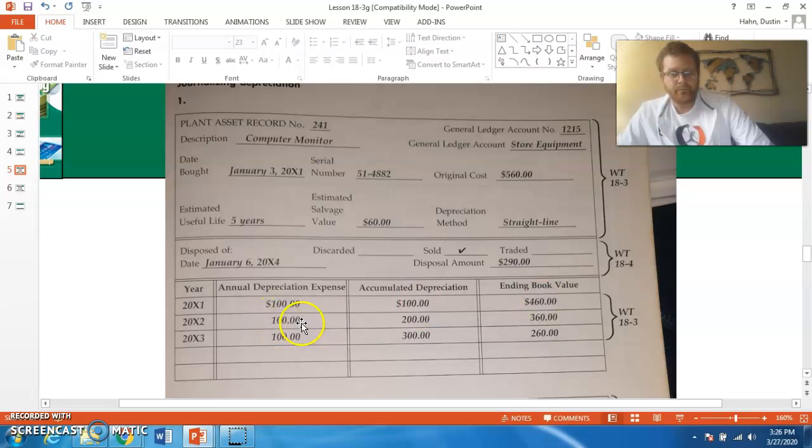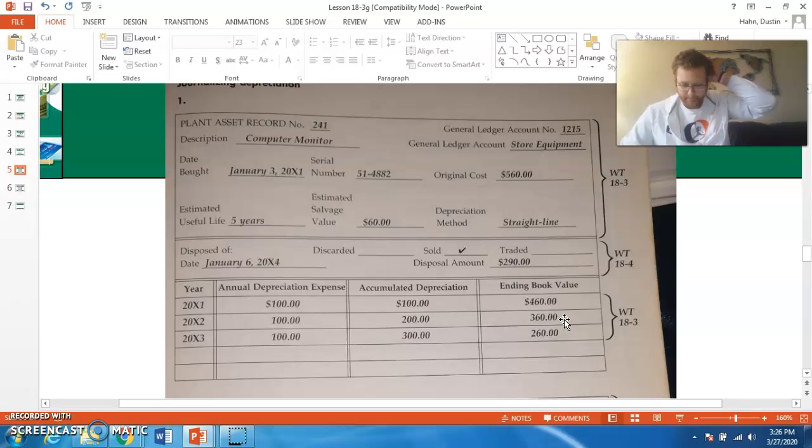Year 2, since you're having it for all of them, right there is 100. 100 plus 100 equals 200. 460 minus 100 is your 360. That's where that 360 comes into play. Here's your third year. I know the instructions say to complete the plant asset record for the years 2011 through 2013.